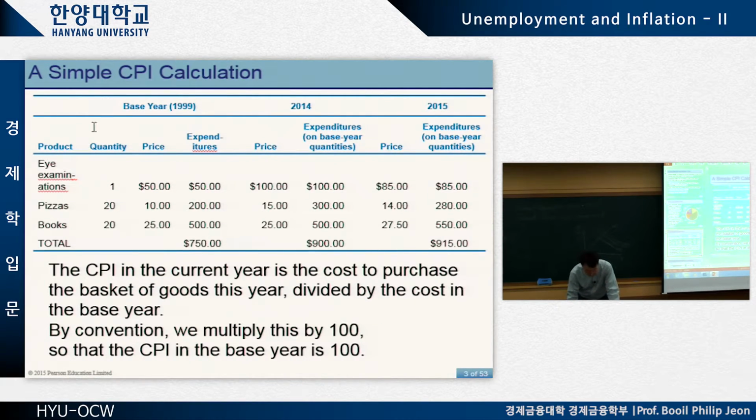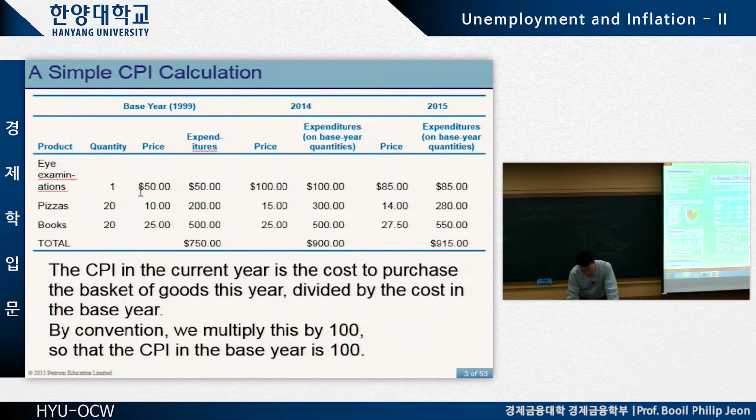For simplicity, we're just assuming 3 items here: eye examination, pizzas, and books. Let's say an average family purchases 1 eye examination per year, 20 pizzas per year, and 20 books per year.